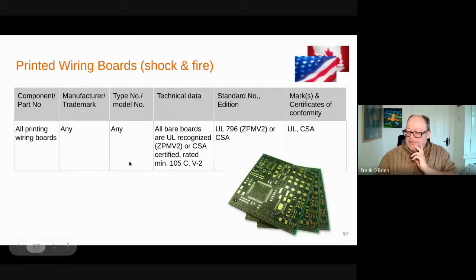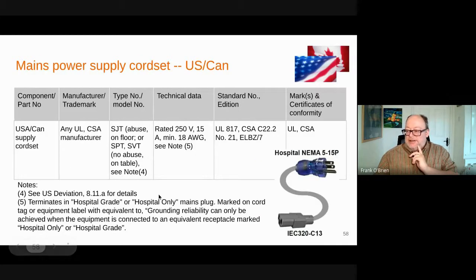Boards, the bare boards, get the UL or CSA. And then there's certain ratings that'll be all right. These might have to be V2, right? Supply cords. So I've given an example of something as generic as I think you can be. Keep in mind, in North America, we have this little green dot thing.